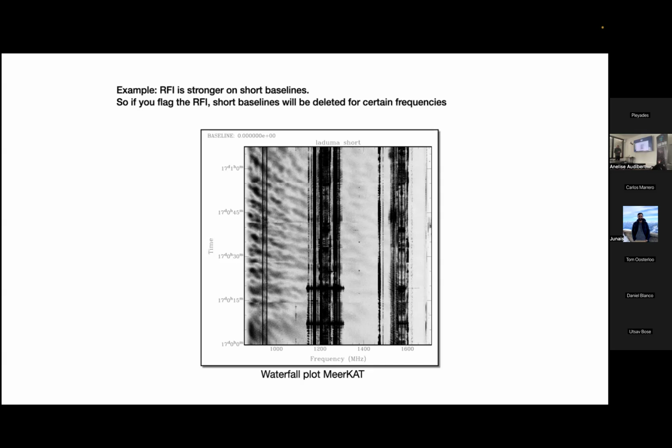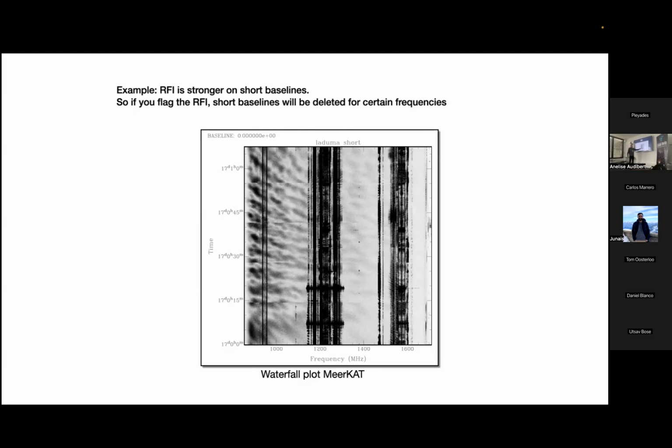The problem is due to RFI, man-made signals corrupting your measurement. This is from South Africa. This is frequency from 800 to 1700 megahertz, so very broadband. And this is time. And you see all these wonderful black vertical stripes.